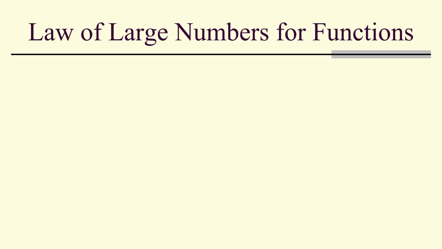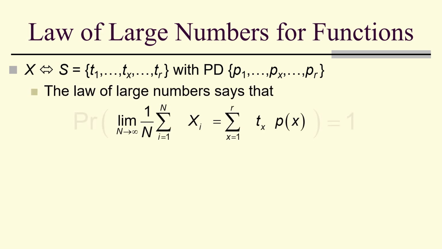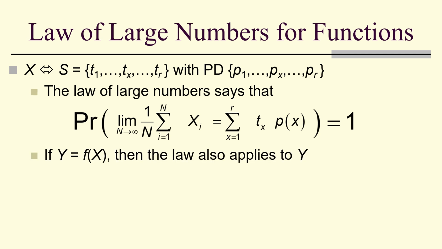So the law of large numbers also applies to functions. So we have our x associated with S, probability distribution p1 to pr. The law of large numbers says that the probability that this limit is equal to this expected value is 1. And if y equals f of x, then the law also applies to y.